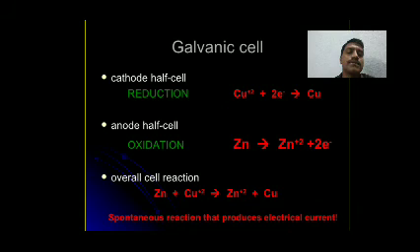In a galvanic cell, the salt bridge is present. In an electrolytic cell, two electrodes are present in the same electrolyte, using only one electrolyte. In a galvanic cell, two electrodes are present in different electrolytes, using two different electrolytes.